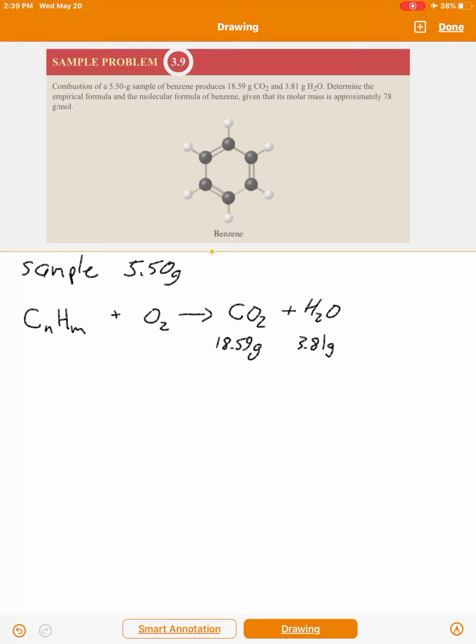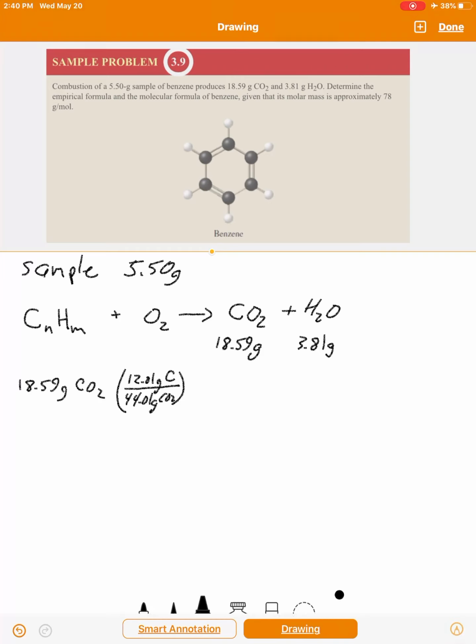We'll take one of the products at a time. 18.59 grams of carbon dioxide. And we're going to find the number of grams of carbon that are in 18.59 grams of carbon dioxide. So it's 12.01 grams of carbon, that's the molar mass of carbon, over 44.01 grams of CO2.